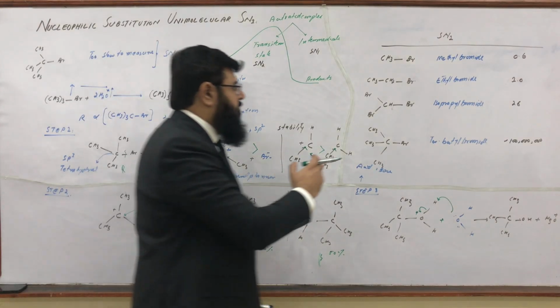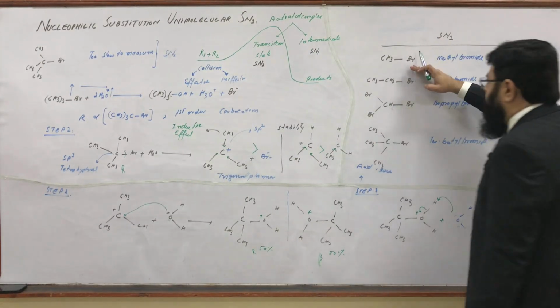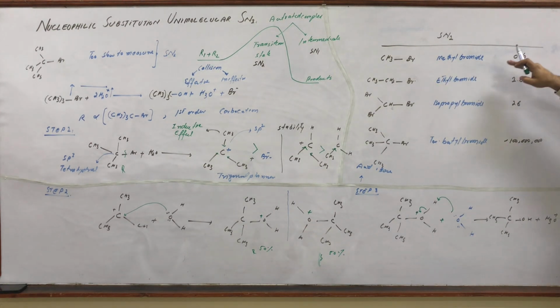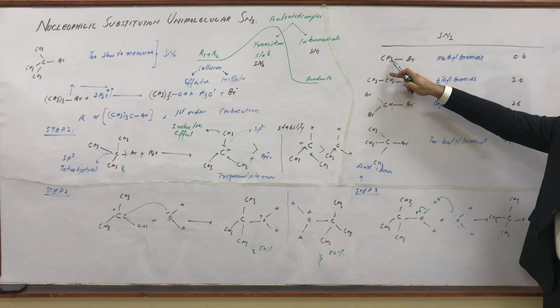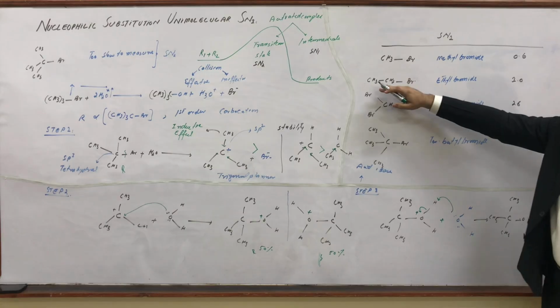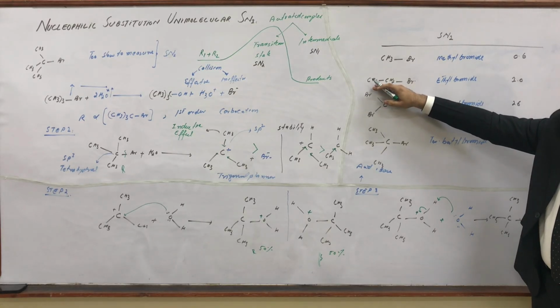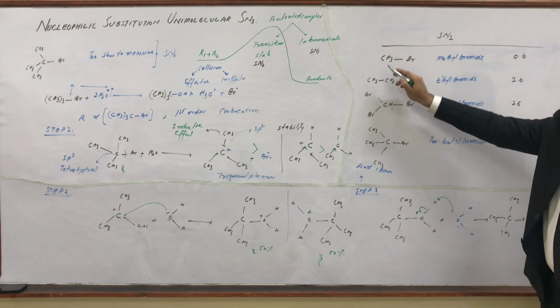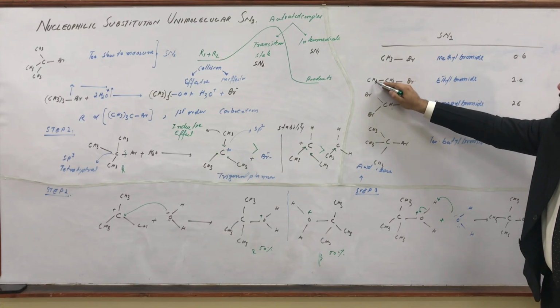So here we have a comparison of different alkyl halides and their rates of reaction. We can see that methyl bromide has a rate of reaction of about 0.6. Then there is ethyl bromide. This is an unsubstituted carbon. This carbon has one further methyl group.